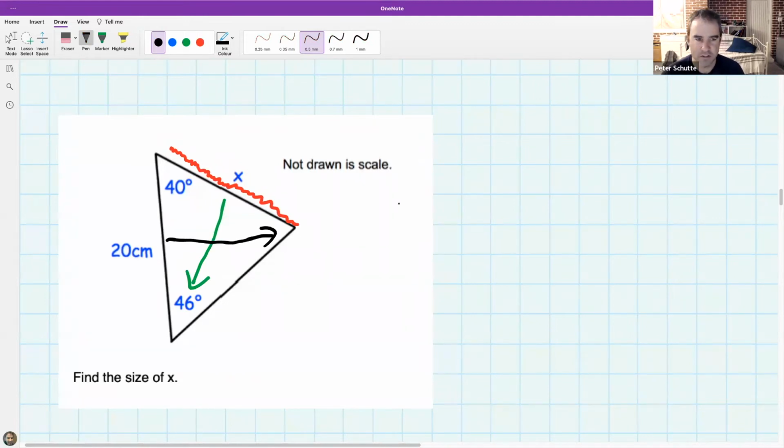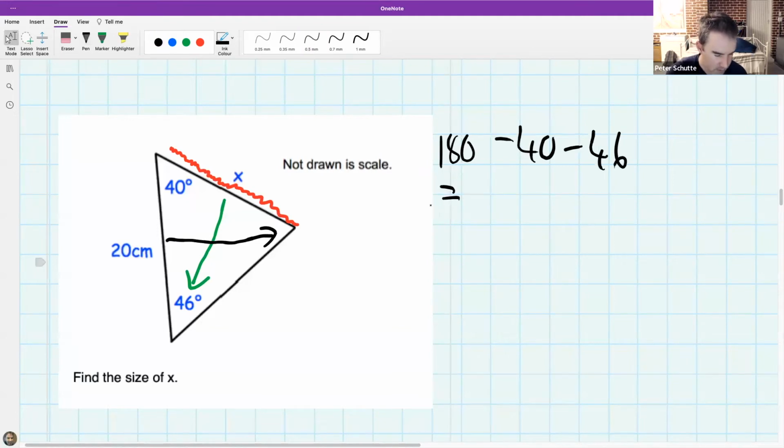So what you need to do is work out what that angle is. I remember from what David told me earlier in the lesson, I can find the missing angle by going 180 minus 40 minus 46, and I should write a reason. So I should get 94 degrees for my missing angle here.